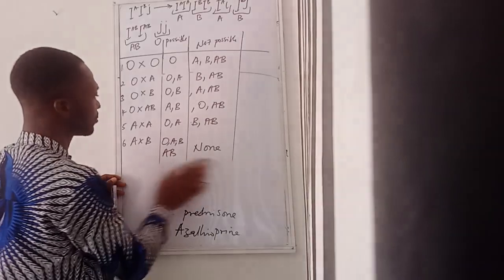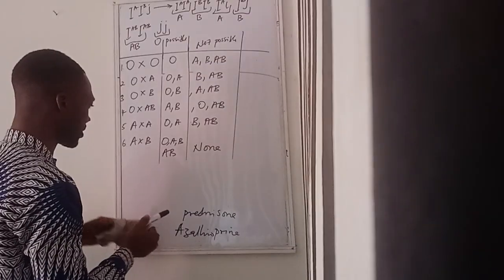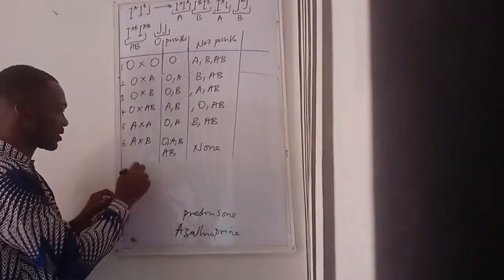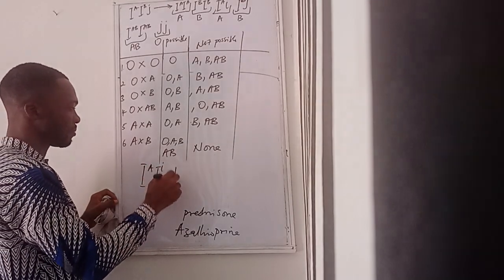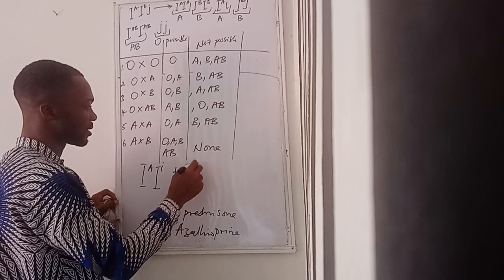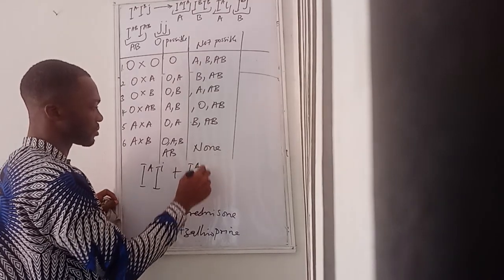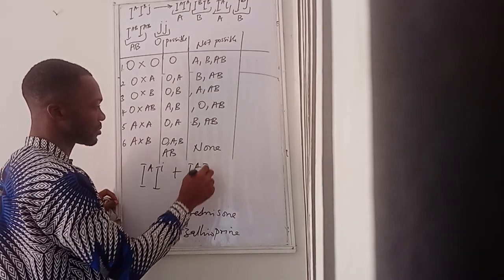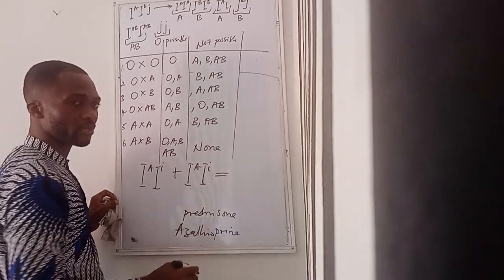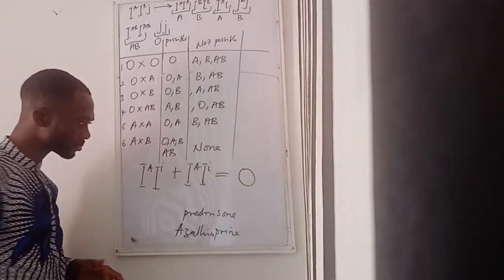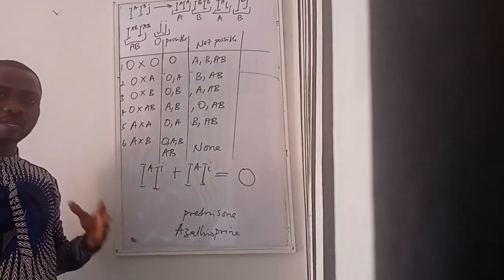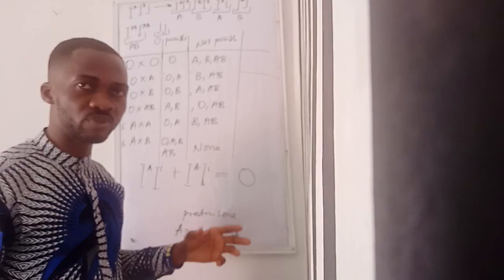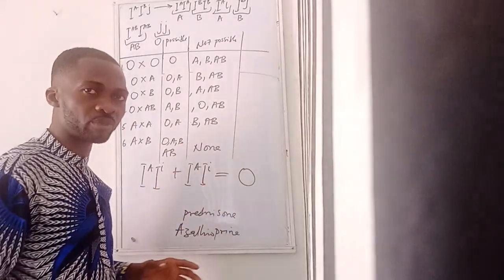So the implication is that somebody who is A, marrying another person who is A, can also produce an offspring or a child which is O. The reason is that a parent usually contributes one allele during combination.